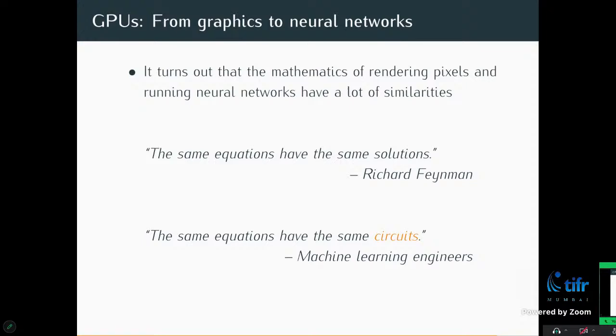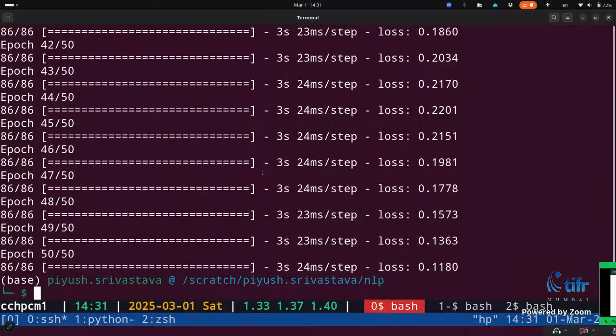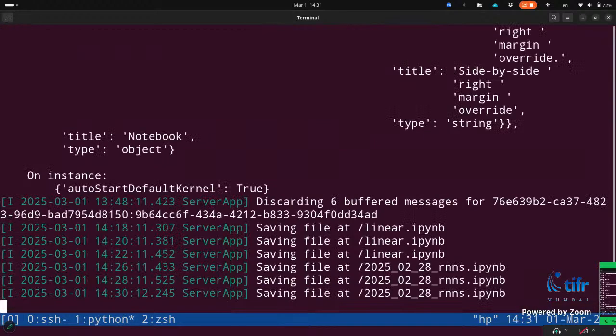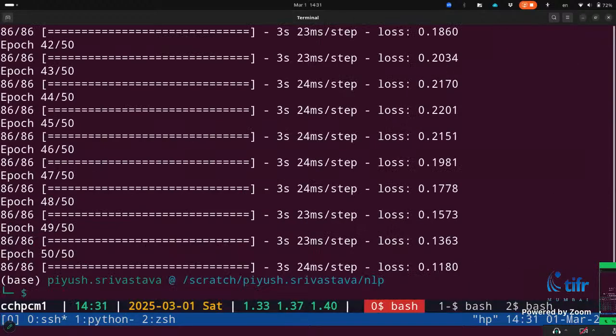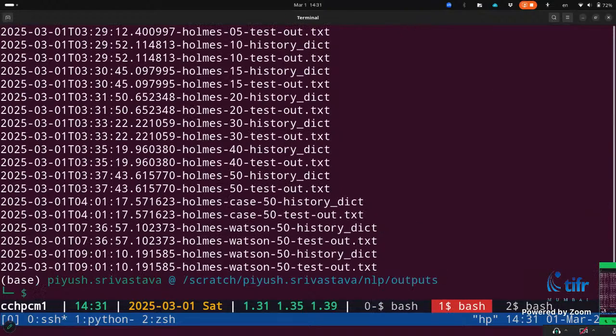In the meantime, it has just finished, and I'll end with whatever output it produced. Yeah, so this is the latest one.